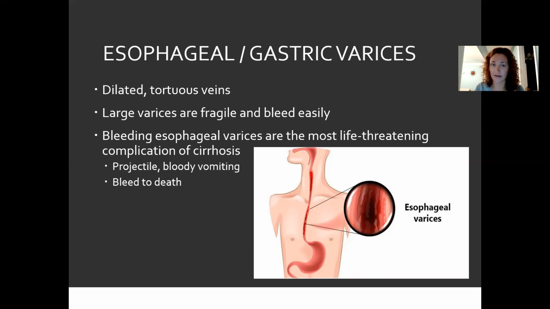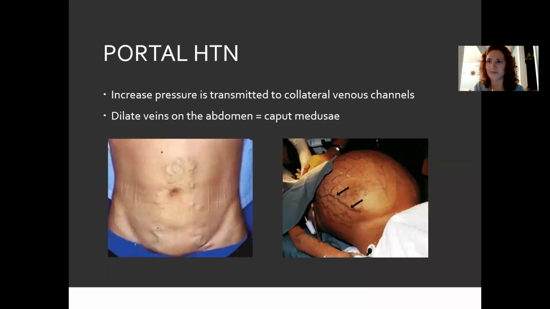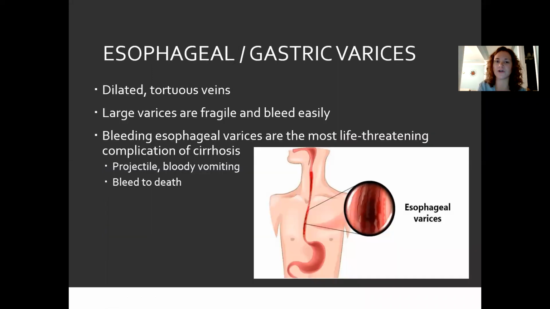Gastric and esophageal varices are dilated, tortuous veins. Just like you would see varicose veins in the legs, picture that. They're really dilated, engorged veins. Even right here on the abdomen, you can see they're dilated and engorged. So the veins within our organs in the esophagus and in the stomach become engorged and enlarged.